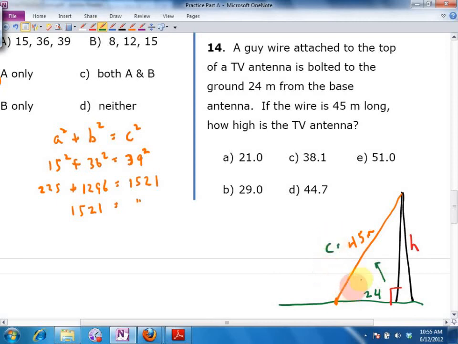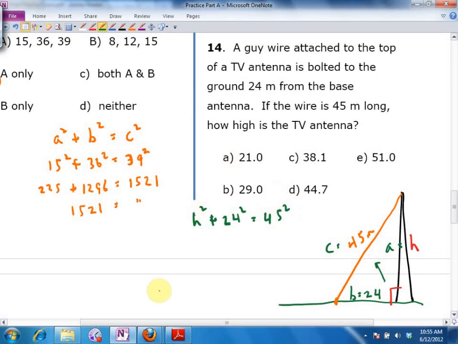And so these ones, therefore, are the A and the B. So A squared plus B squared equals C squared. This is the same thing as one we just did. A squared plus 24 squared equals 45 squared.